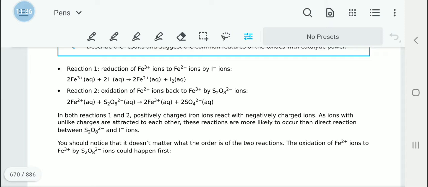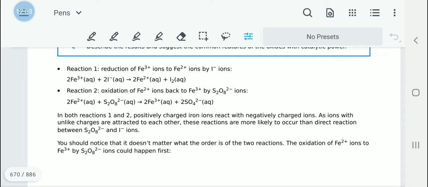Then what happens is the oxidation of Fe2 plus ions back to Fe3 plus by S2O8 2 minus ions. So the Fe2 plus ions will join hands with S2O8 2 minus aqueous to produce 2Fe3 plus aqueous plus 2SO4 2 minus aqueous. So this is done by the positive negative interaction.